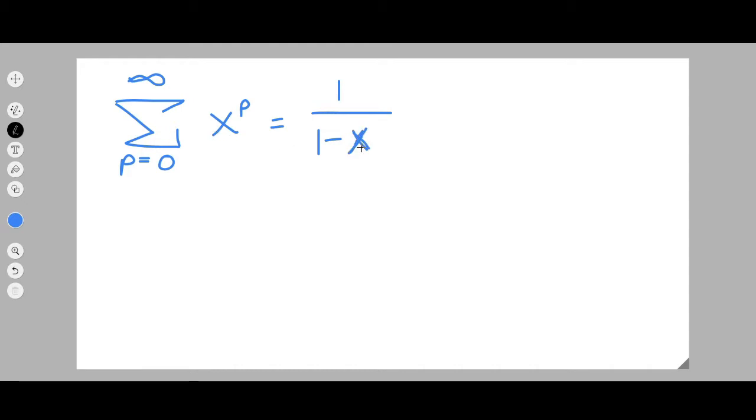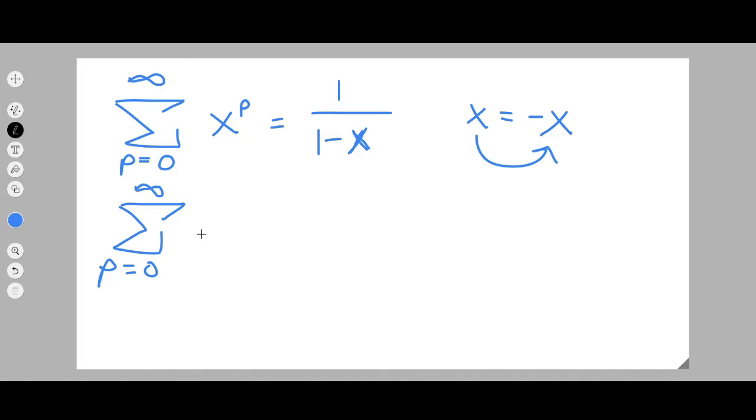So x can be anything. So if we set x as negative x, for example, we just convert the variables here. So if we set x as negative x, what we'll get here is an alternating harmonic series. Why?